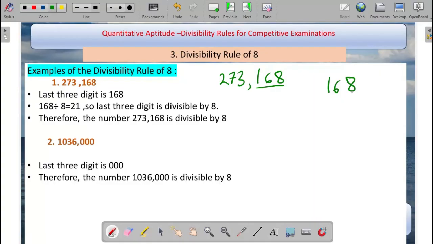Now we have to check if 168 is divisible by 8 or not. It is, 8 into 21 is equal to 168. So 168 is divisible by 8. So this whole number 273,168 is divisible by 8.